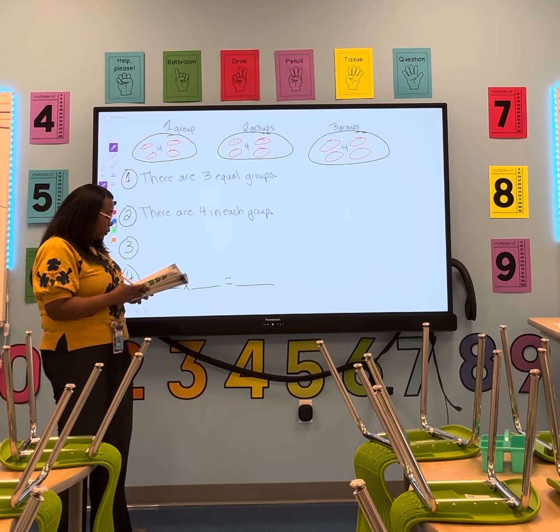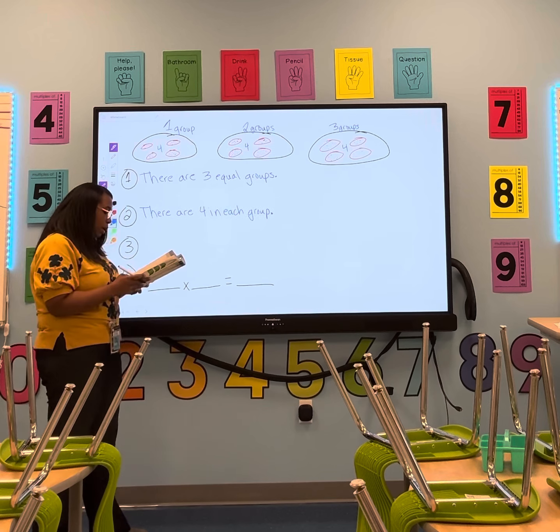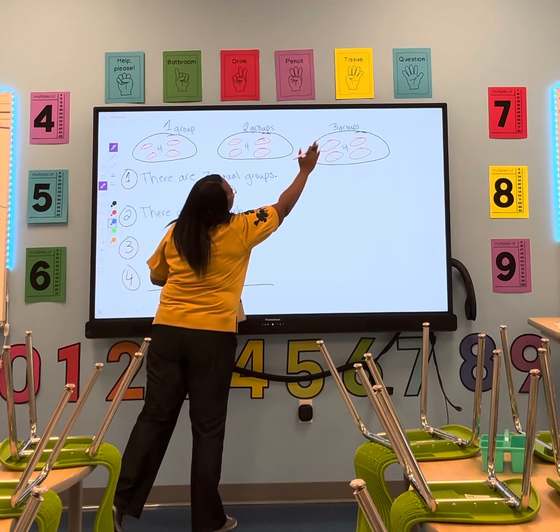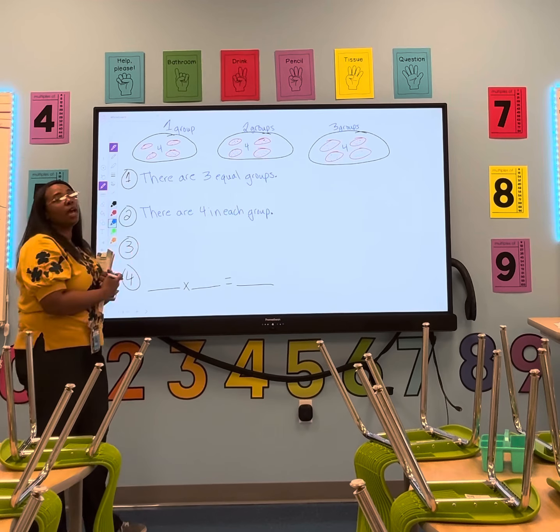Number 3 says, how many ladybugs are there all together? All together means everything together, so now we're going to count everything.